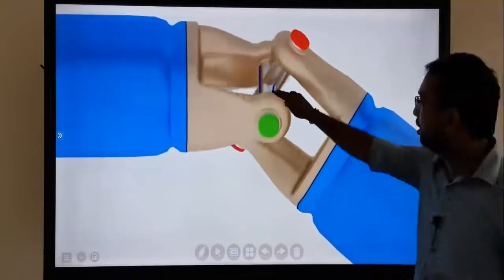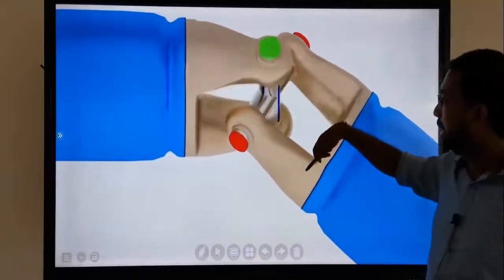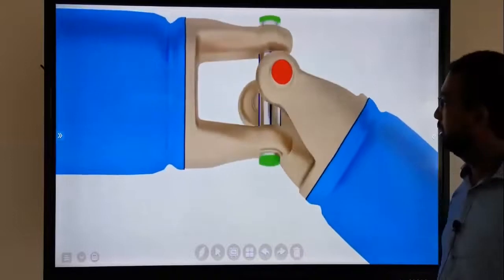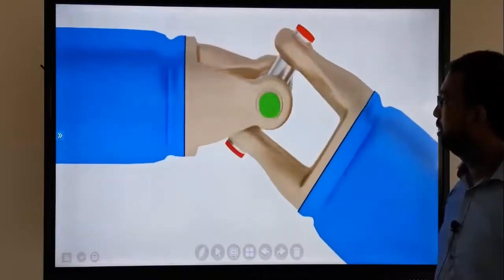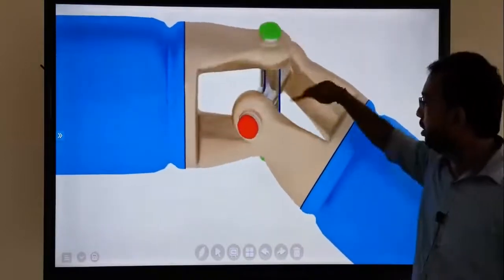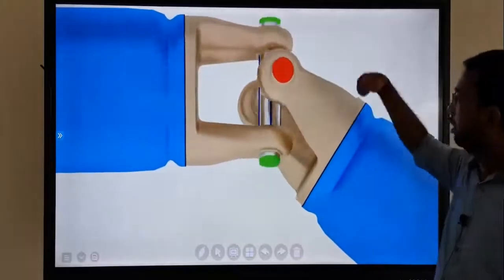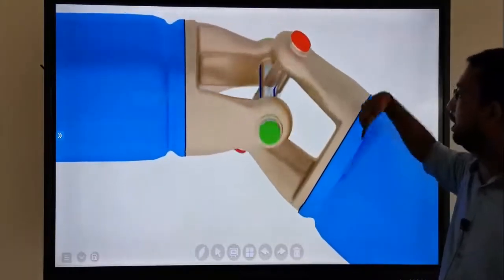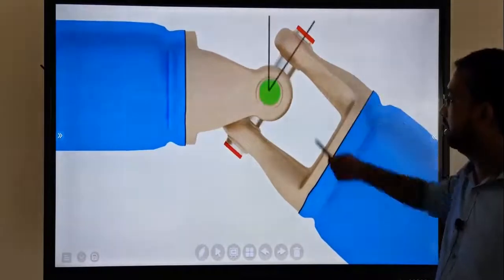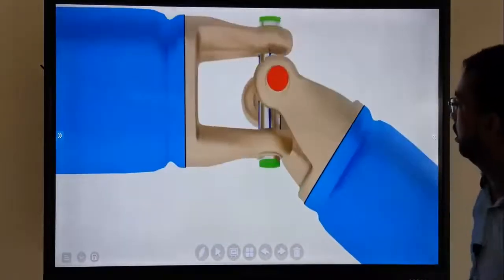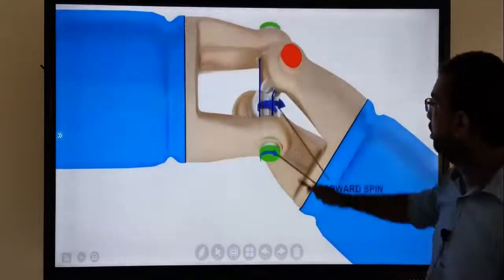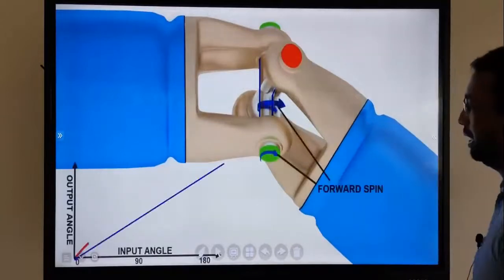So the rotation is going to be in the inclined position of the angle. However, it rotates in the vertical direction, but it's going to rotate in the inclined position.